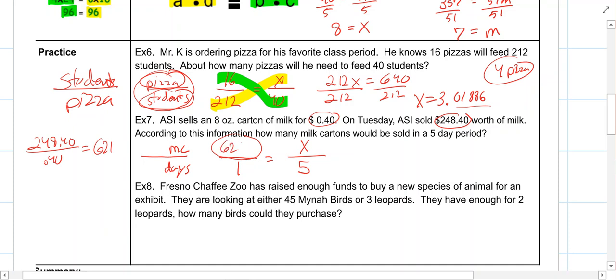We put 621 up here, and now we can solve our proportions. 1 times x is equal to 621 times 5. So 1 times x is 1x, and 621 times 5 is 3,105. Divide both sides by 1, which really doesn't do anything. And we get 3,105 cartons.